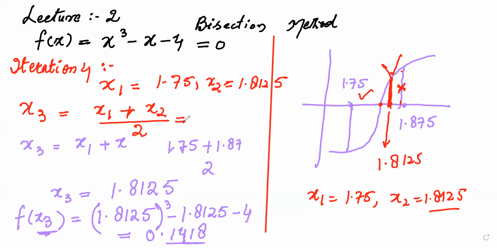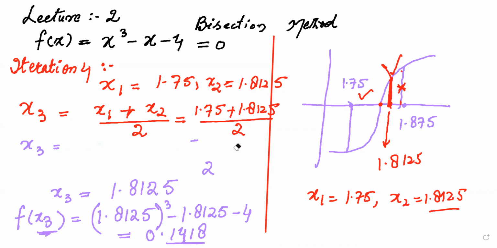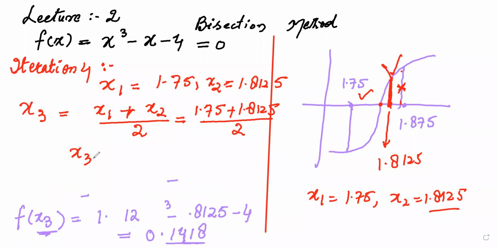That will be equal to 1.75 plus 1.8125 divided by 2. For iteration 4, the value of x3 will be equal to 1.7812.